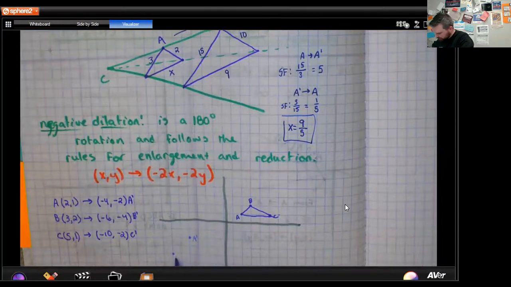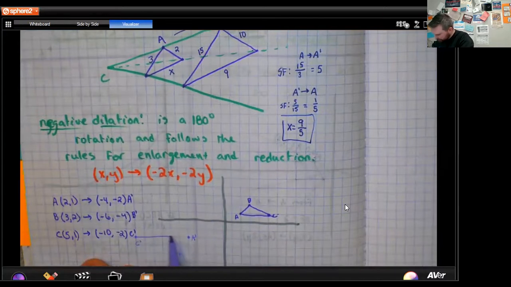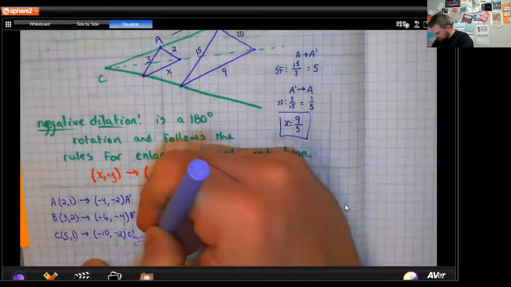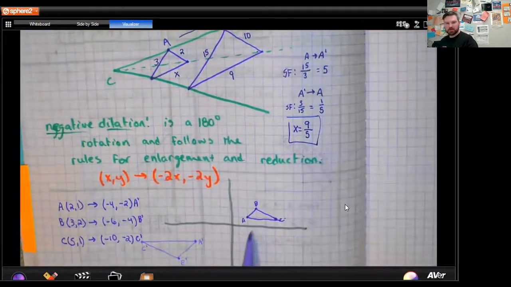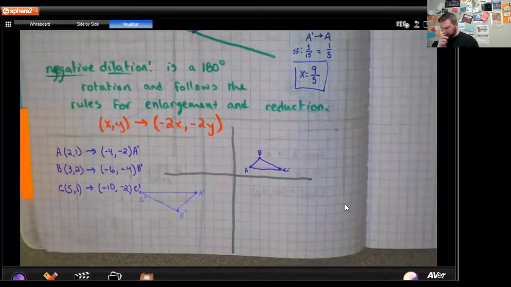That's B prime. And C prime, so this was -10, -2. C prime. So here is the shape. And you can see it rotated 180 degrees and it got enlarged.